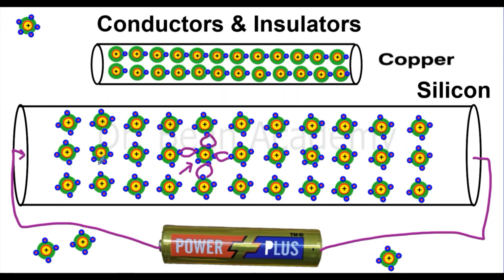But now what did I do? I replaced some silicon atoms with a phosphorus atom. And I know that a phosphorus atom is pentavalent. Pentavalent means there are 5 electrons in the valence shell. So it is a pentavalent atom.